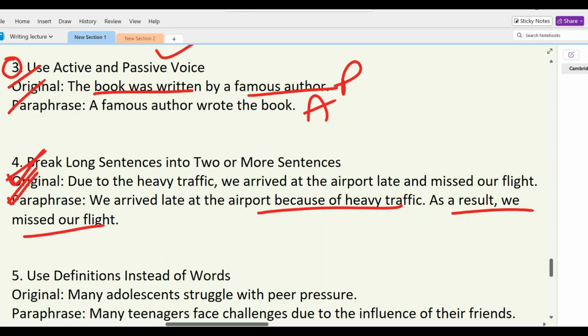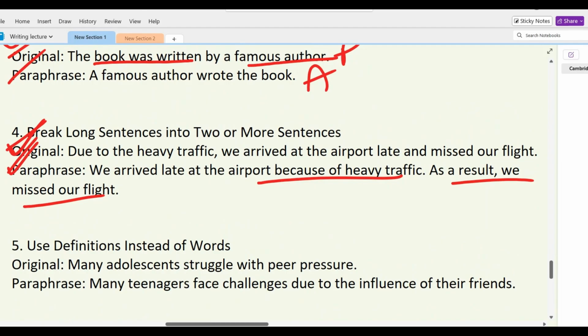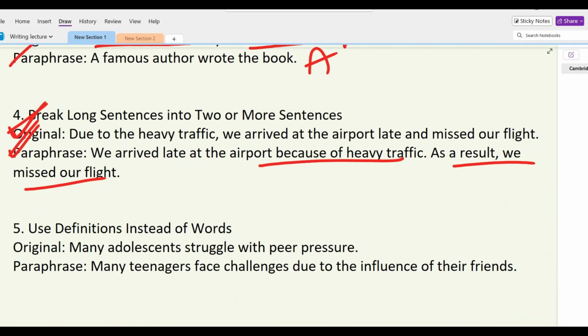Number 5: use definitions instead of words. Original: many adolescents struggle with peer pressure. In the paraphrase we see: many teenagers face challenges due to the influence of their friends. So many adolescents is being paraphrased here as many teenagers.